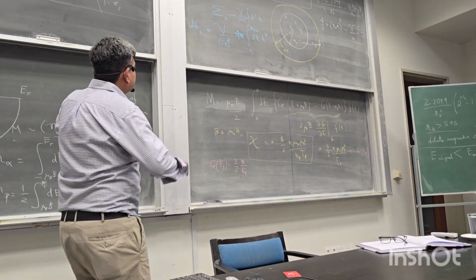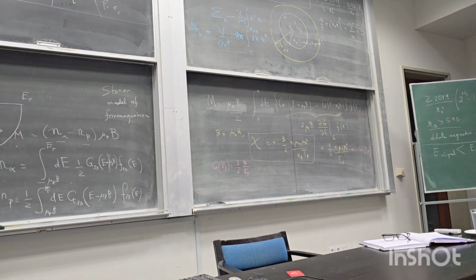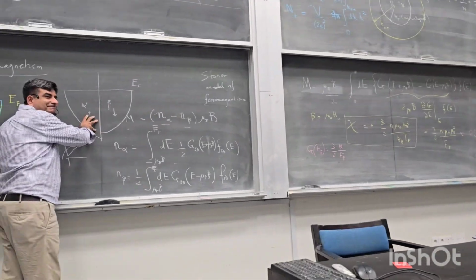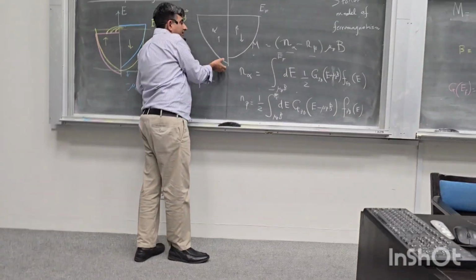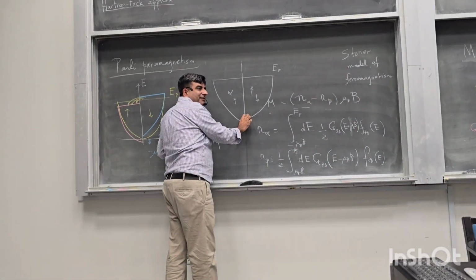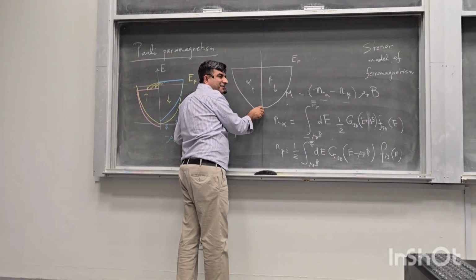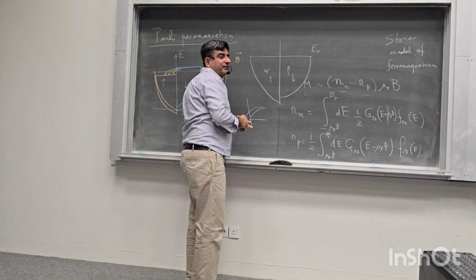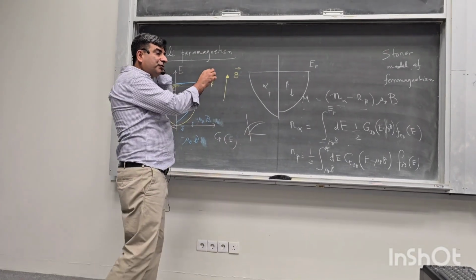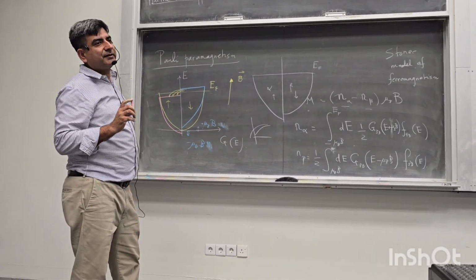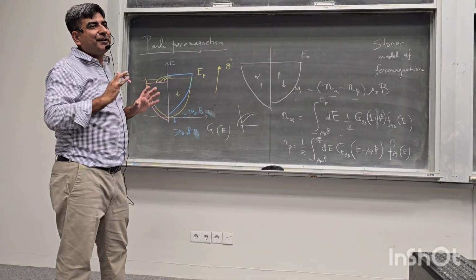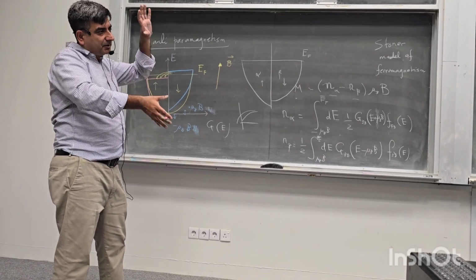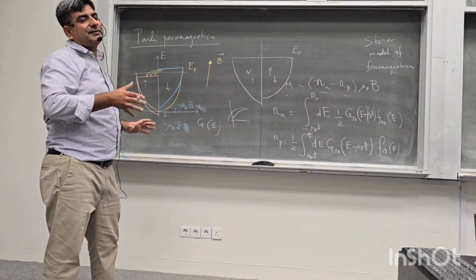Now the question is, if you look at this system, these two kinds of spins are changing their energies because of an applied magnetic field. Now for a Stoner model, which is a model for ferromagnetism, this same kind of splitting occurs in the bands.